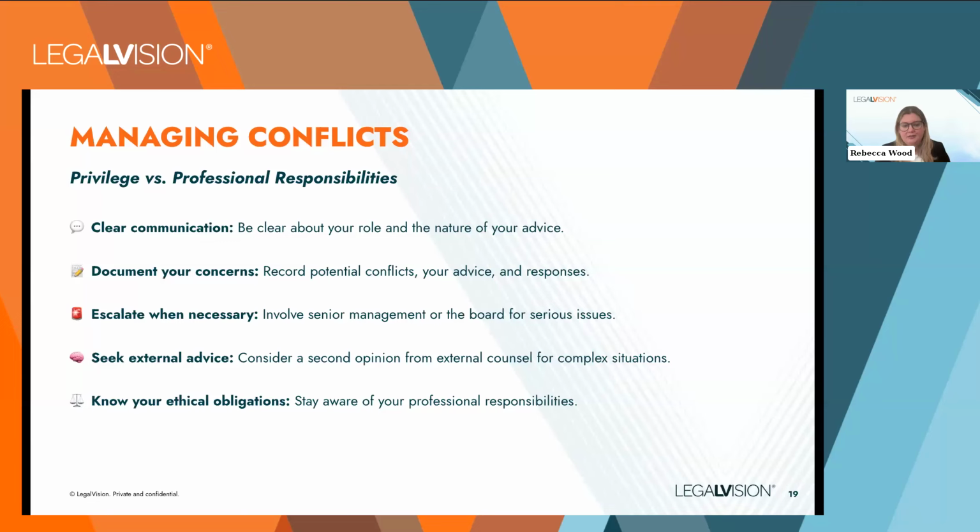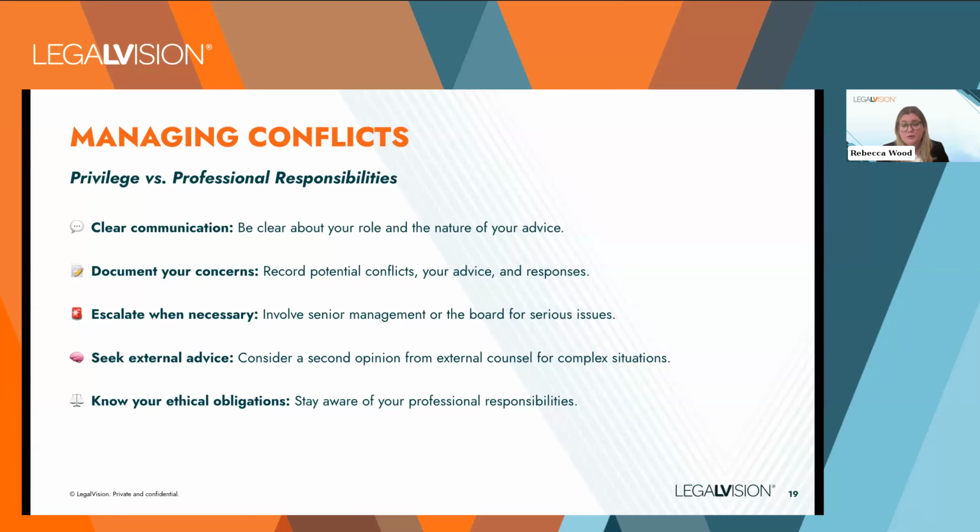But out of all of these scenarios, there's a few key principles that we need to remember. So clear communication. Always be really clear about your role and the nature of your advice. Document your concerns. So if you identify particular conflicts, document the advice and the response. Escalate when necessary. Don't hesitate to involve senior management or the board if serious issues arise.